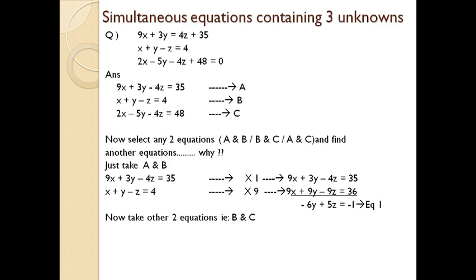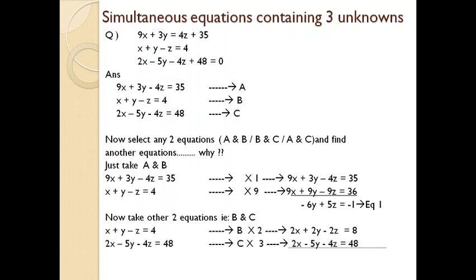For the time being I selected B and C. B is x + y - z = 4; multiplying by 2 we get 2x + 2y - 2z = 8. The C equation is 2x - 5y - 4z = 48; multiplying by 3 you get 2x - 5y - 4z = 48. By solving that, we get 7y - 2z = 56.